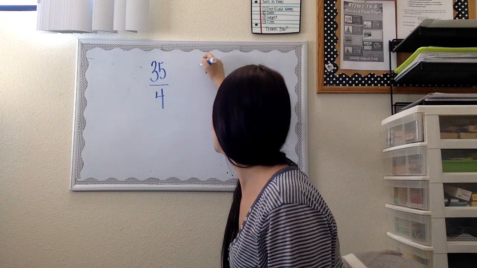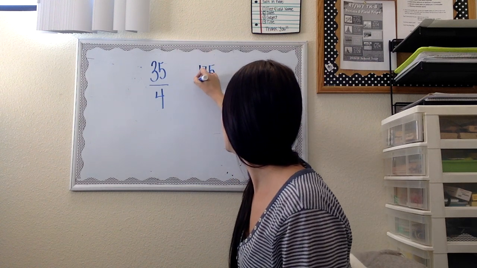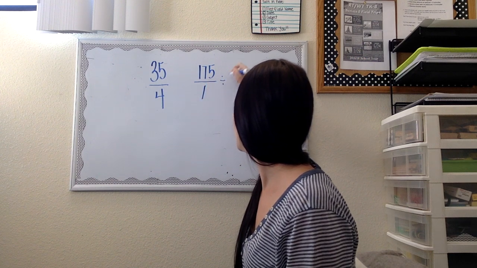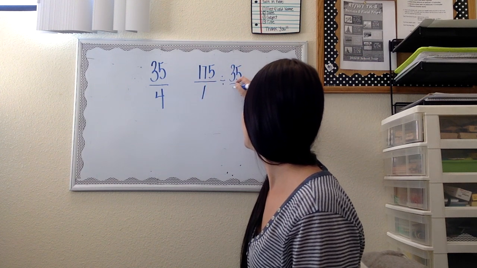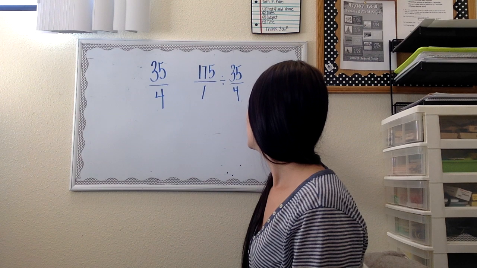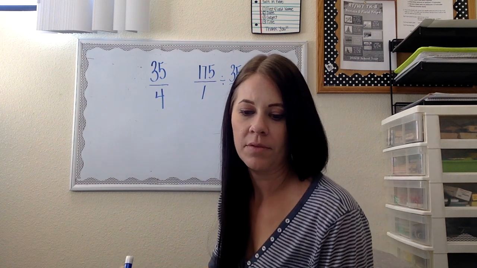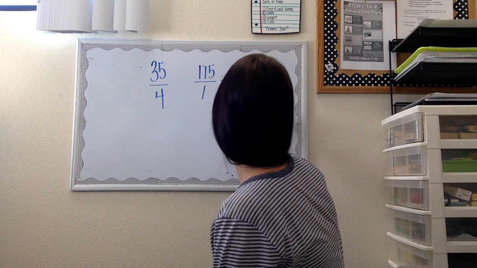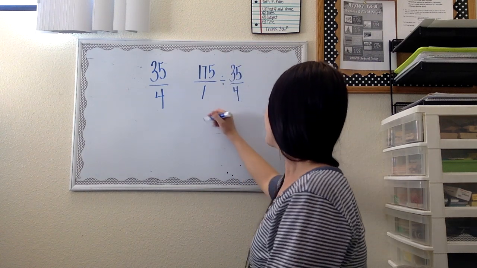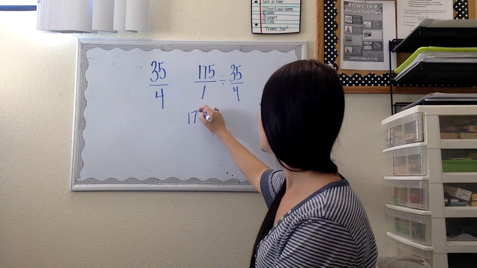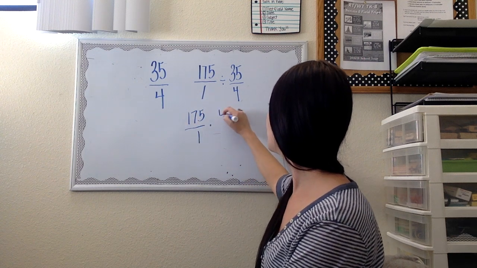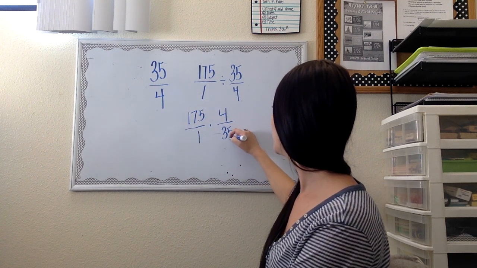I'm going to do 175 divided by 35 over 4. No, I'm going to do 35. It's the same math. Okay. So I'm really going to do 175 over 1 times 4 over 35.